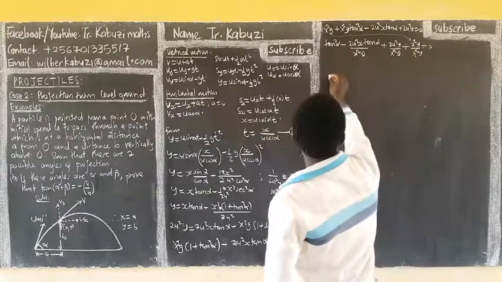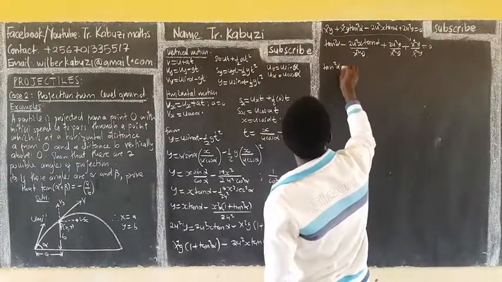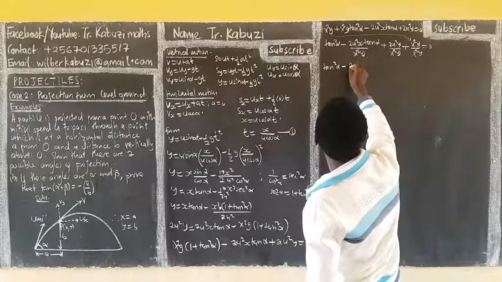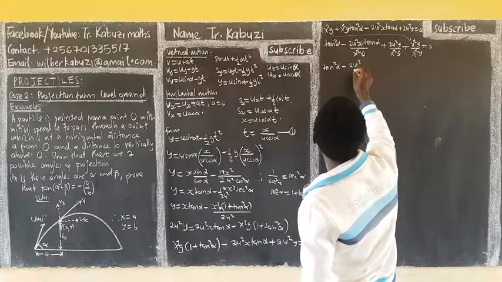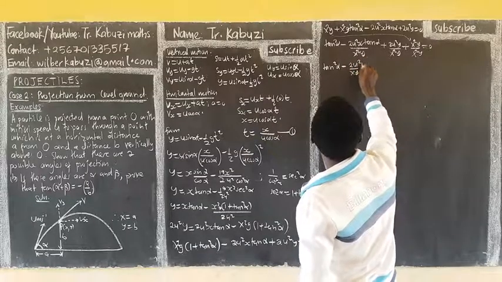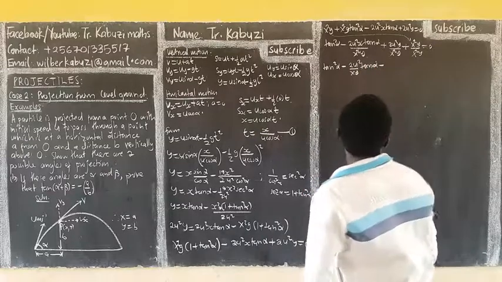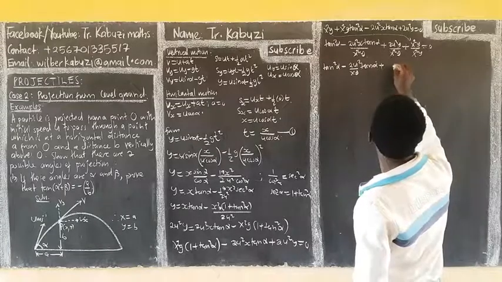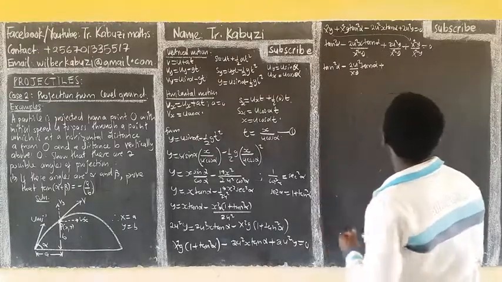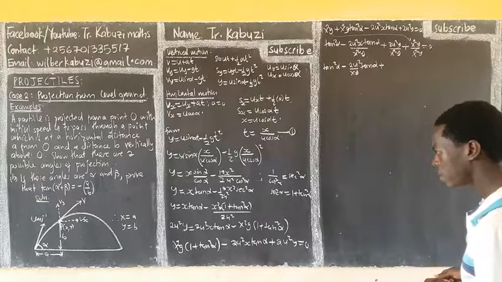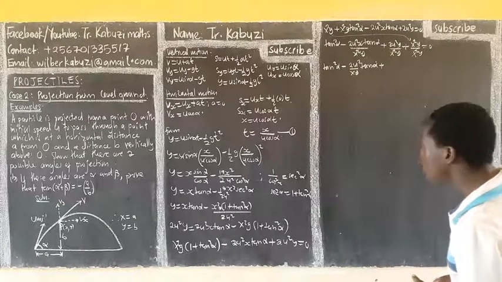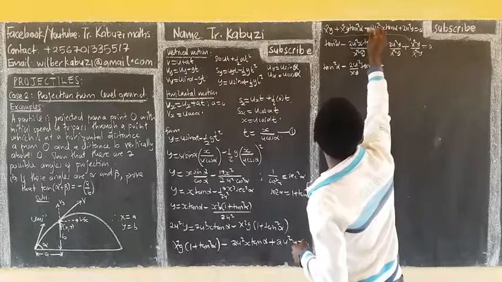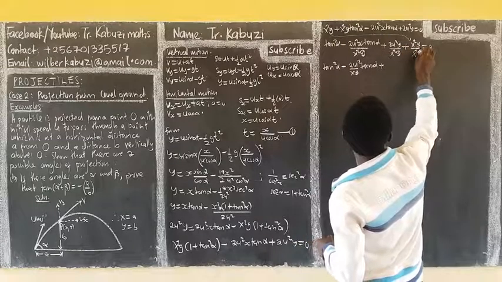From there what do I have? I have tan squared alpha minus 2u squared over xb times tan alpha, then plus, what are we having here? Be careful with the b's here: this b, that b, and then that b.